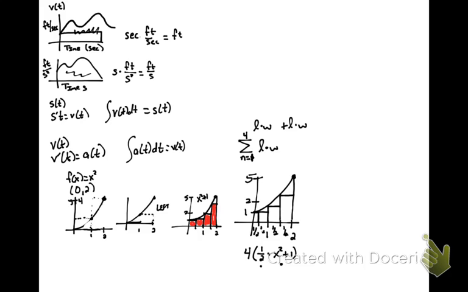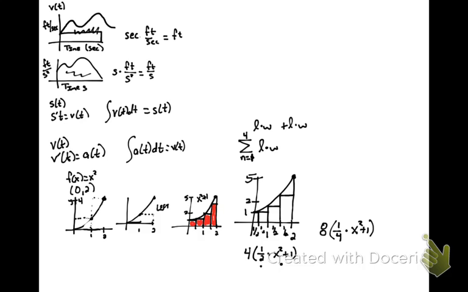Well, as this process goes to infinity, right, if I broke this up into 8 rectangles, then naturally the width is even smaller. The width of each rectangle is now 1/4. The height, or the length of my rectangles, is x squared plus 1. There's 8 of them, and that's going to be a better approximation.